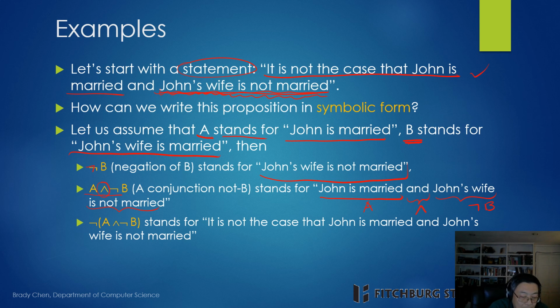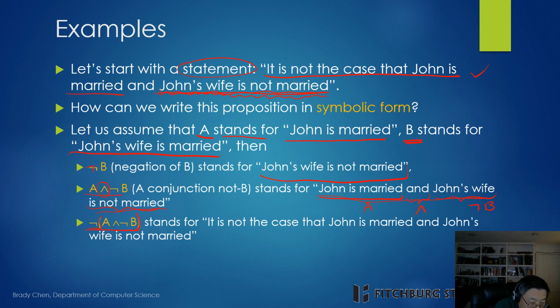So that means, it's pretty simple, right? This is a negation of this whole thing. So that's why the statement can be written as negation of this whole thing. Now, what's this thing? It's A conjunction negation of B. So that's the whole symbolic form.